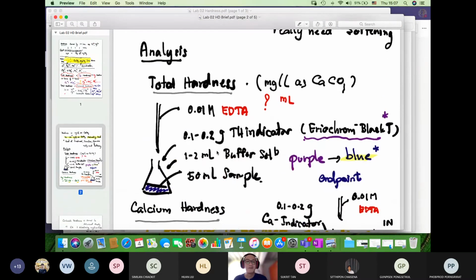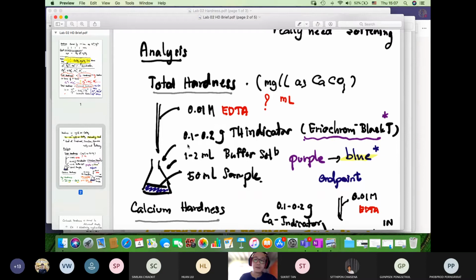files again. For the total hardness, the procedures are very similar to the alkalinity and acidity determinations, but there are a few more steps compared to the alkalinity and acidity.